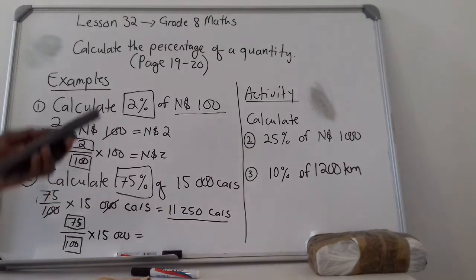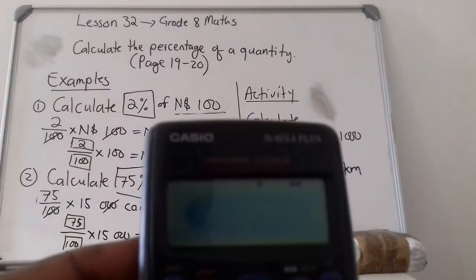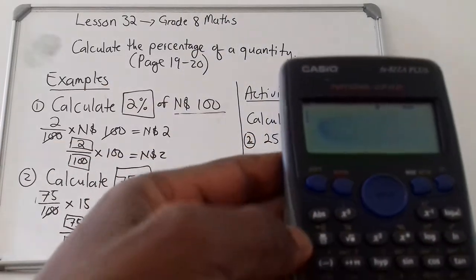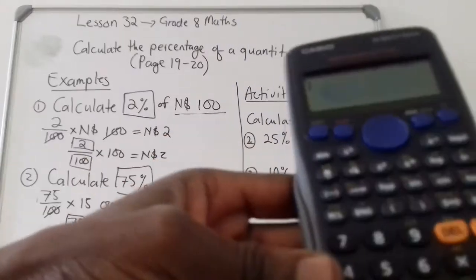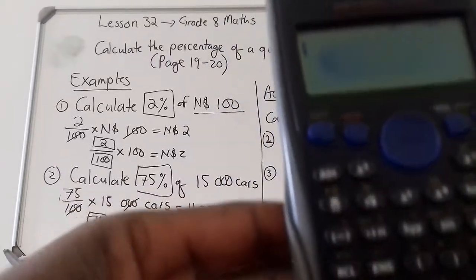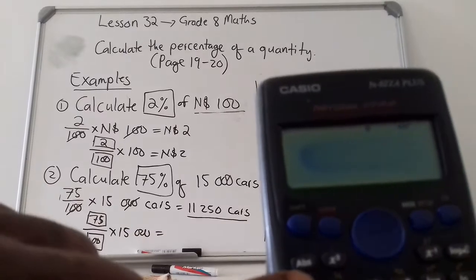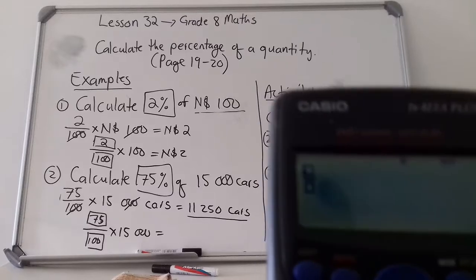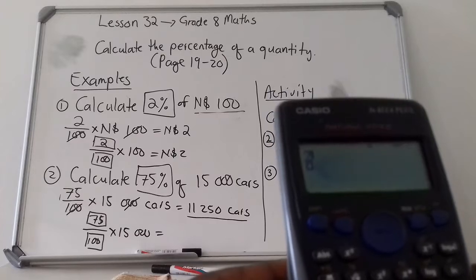So let me just quickly show you on the calculator. You just need to press this button. Can you see this button? Over here. If you press it, you get something like that. And then at the top, what are you going to put? You put 75.